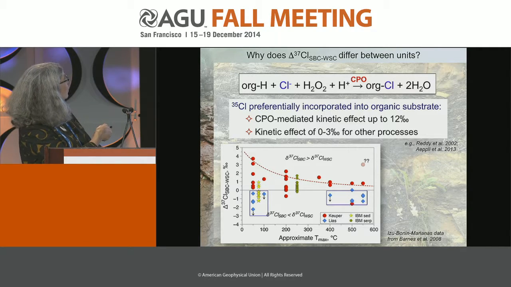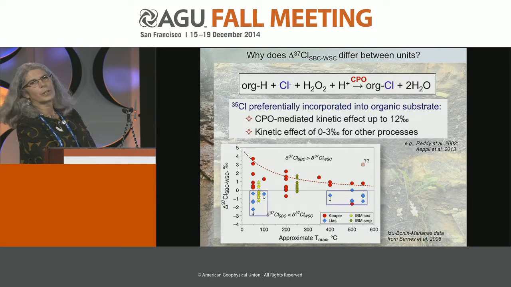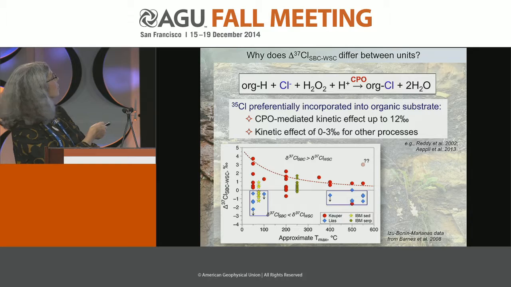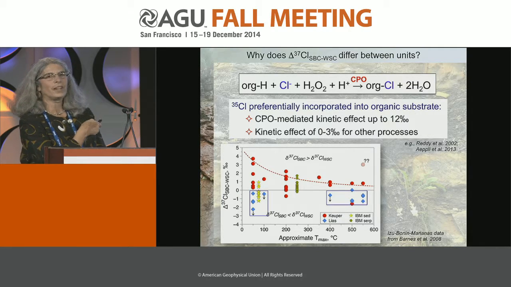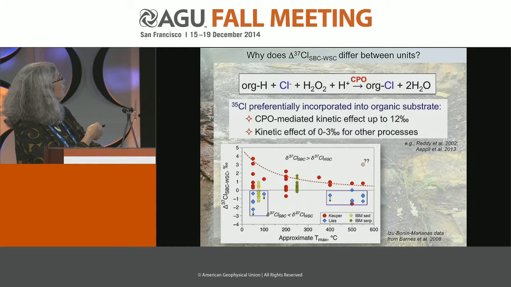So for the CPO-mediated reaction here, several different studies have been done, and they show that there's a kinetic effect of up to 12 per mil, where this is isotopically light compared to the starting chloride. There are several other enzymatically mediated pathways that have been studied, and they have fractionations ranging from 0 to about 3 per mil.